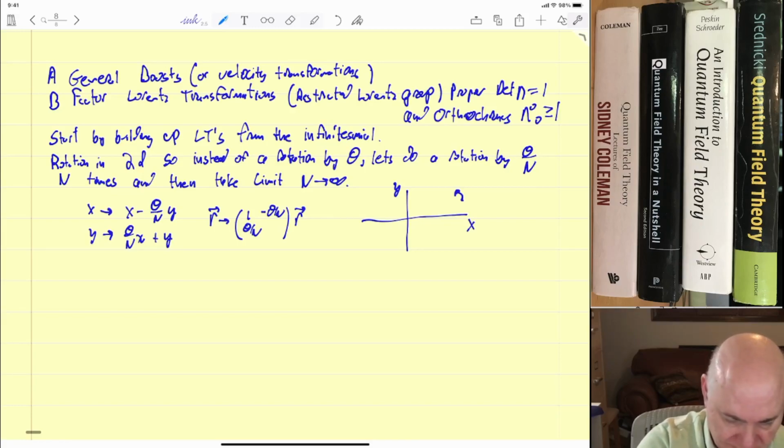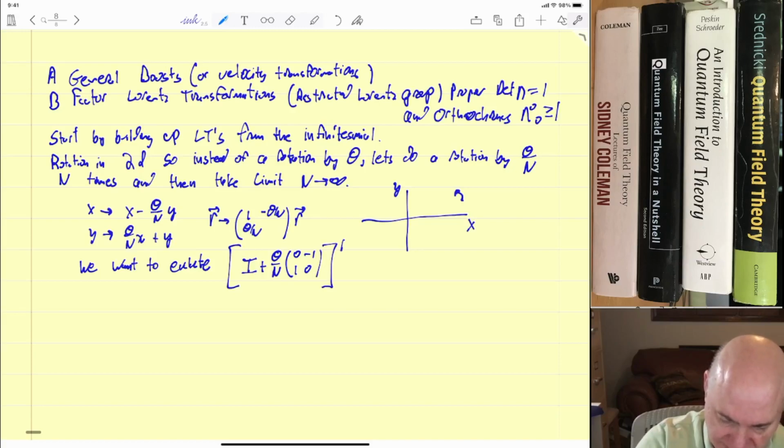So what we want to evaluate, and I know all of you have done this many times, but just in case someone hasn't. Remember, I is the identity matrix.